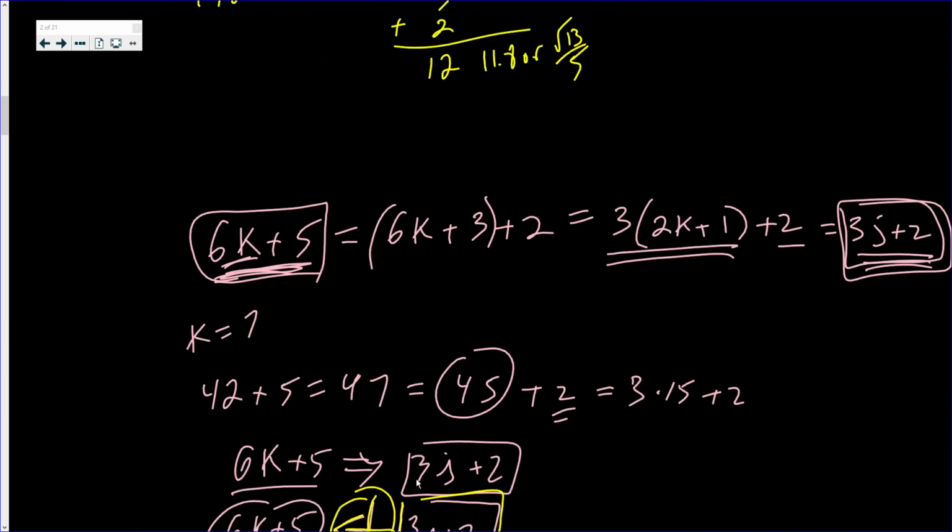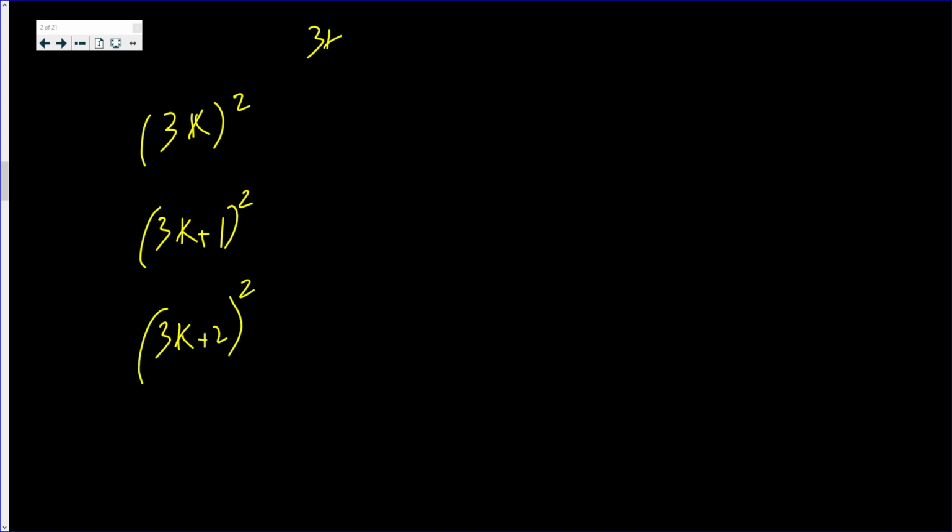Okay, well, in this case, there are three types of integers: 3k, 3k plus 1, and 3k plus 2. We claim that when you square these numbers, you will only be of the form 3k plus 1.